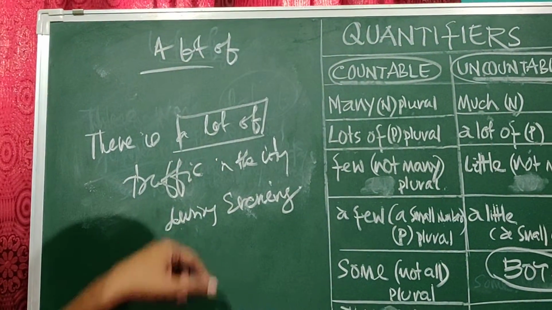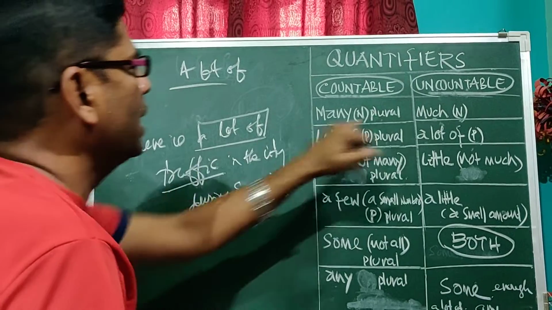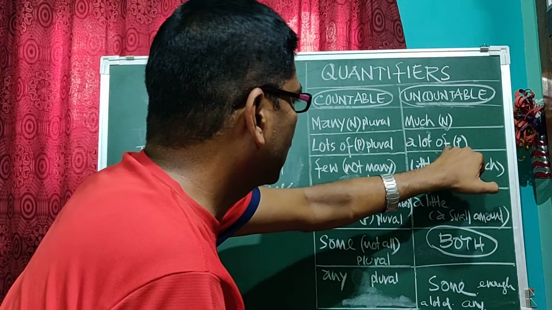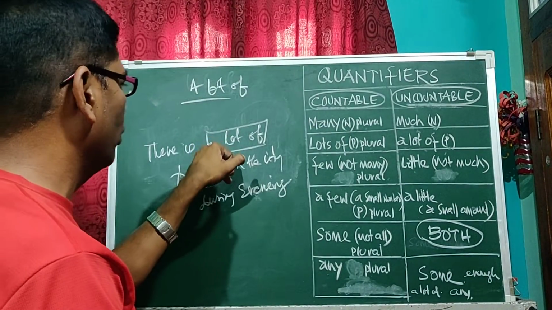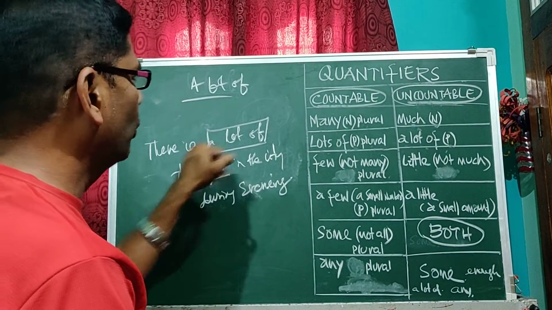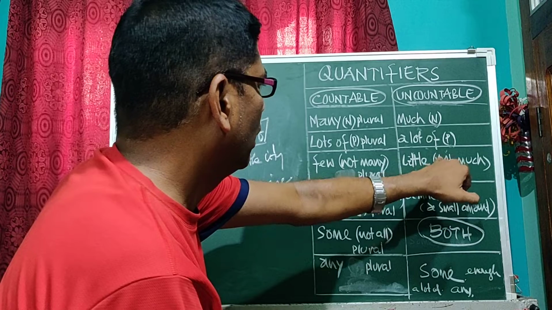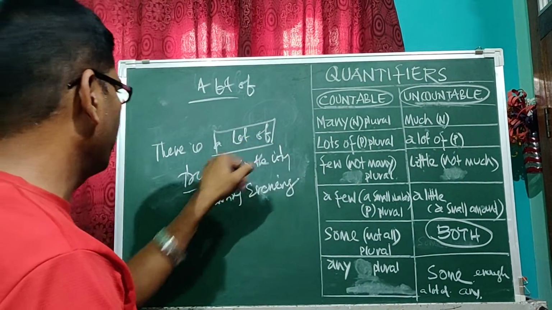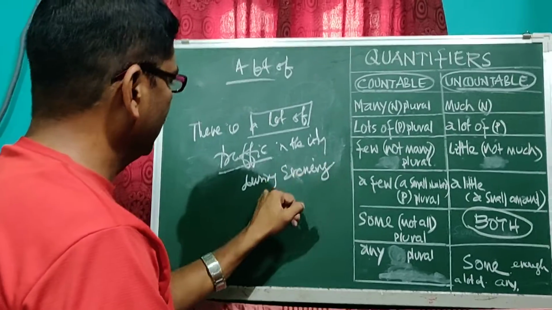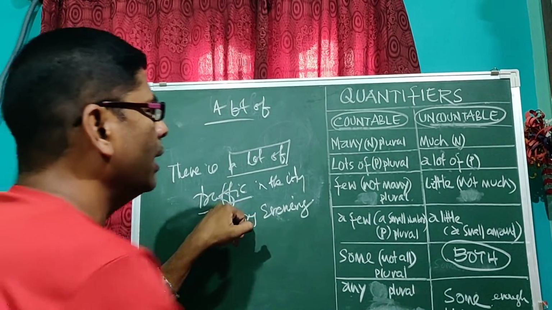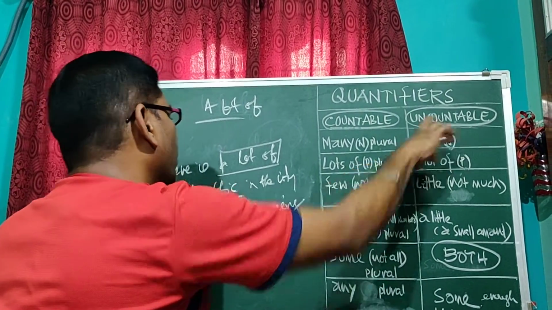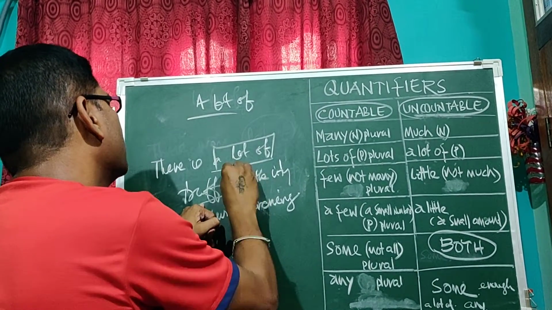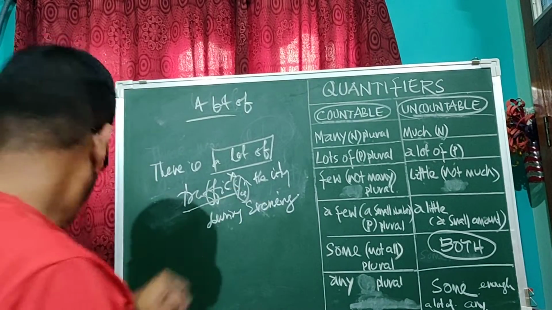This is the quantifier before the word traffic. Traffic is uncountable, and a lot of is uncountable positive. There is no not in this sentence. Traffic is uncountable; we cannot put s or es at the end. Okay?